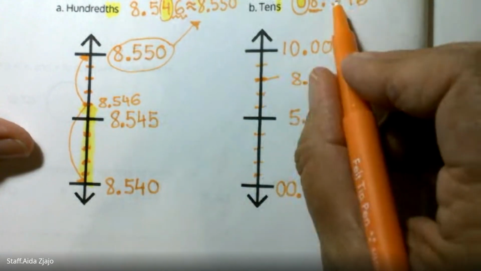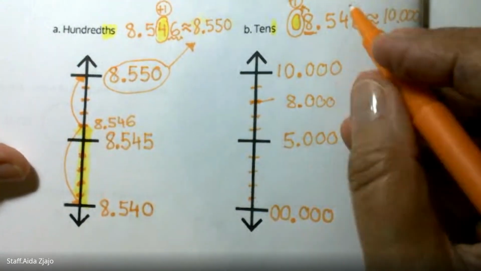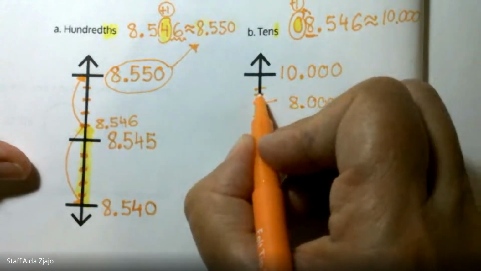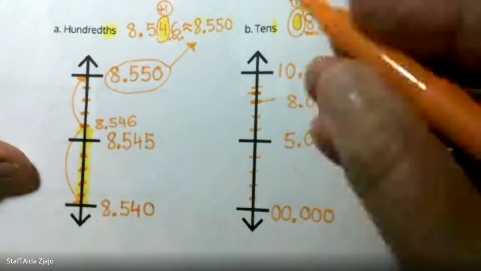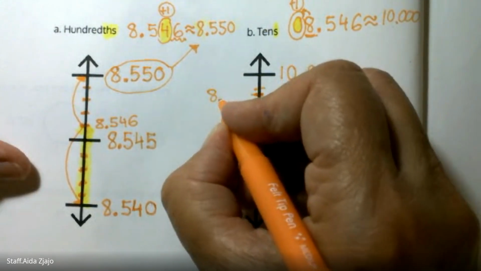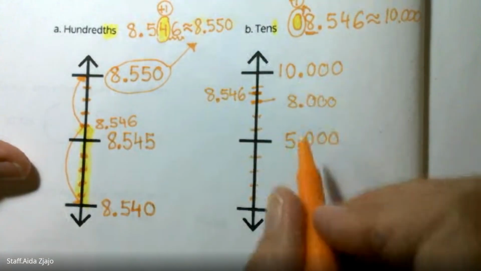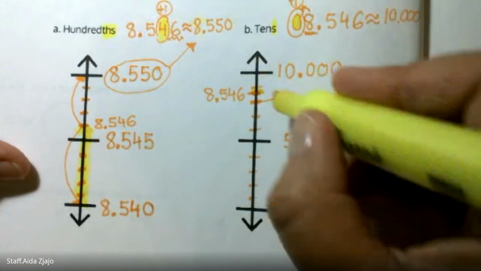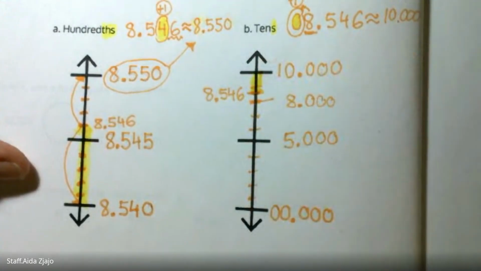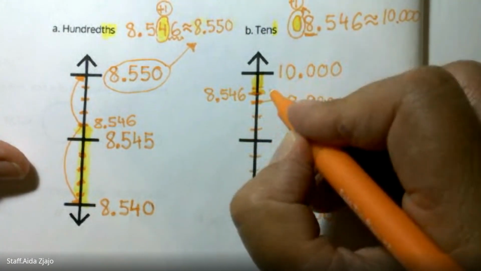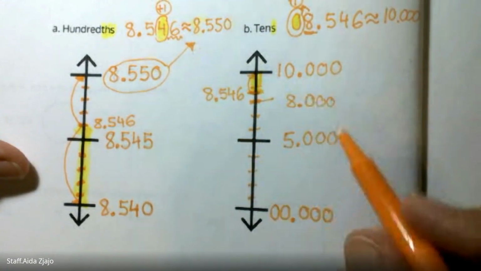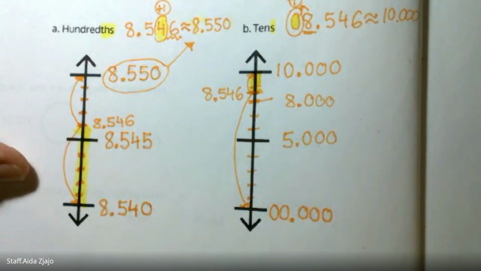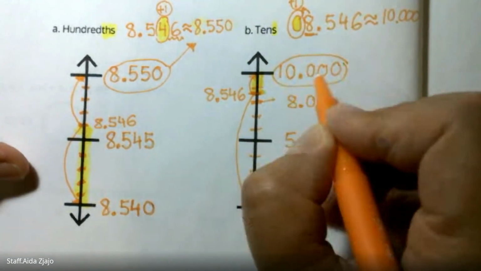If I want to find 8 and 546, that is even right in between somewhere. So this here is our number. It's 8 and 546. Because this is very close to 10, of course, $8 will be rounded to $10. So our rounding is going to be 10.